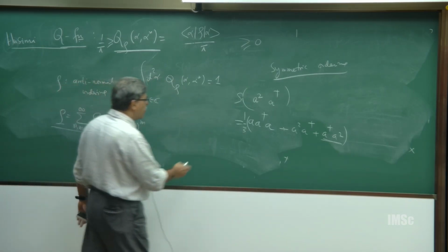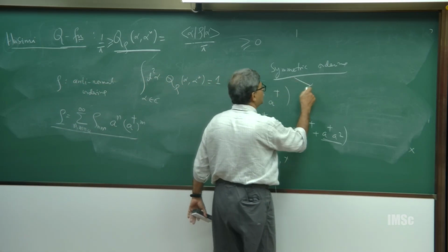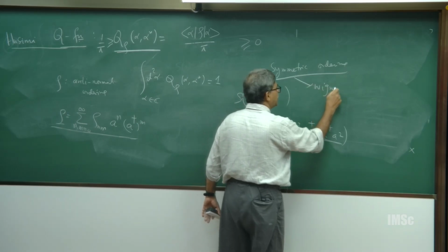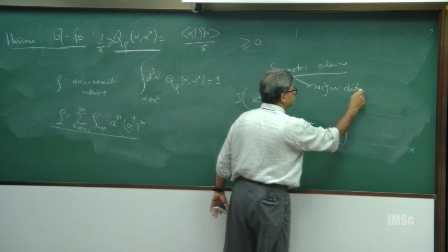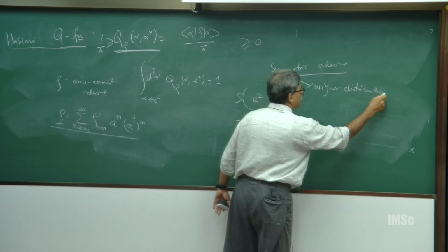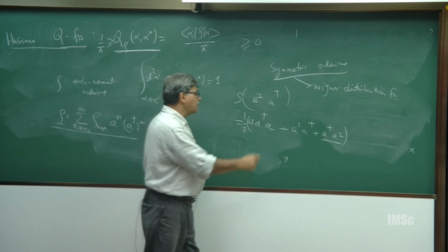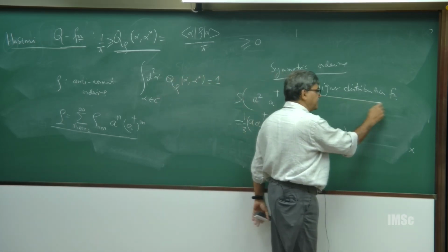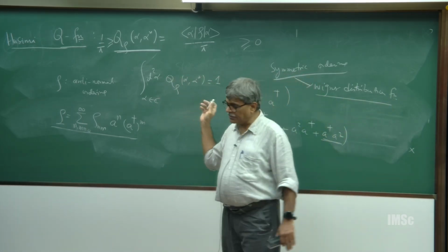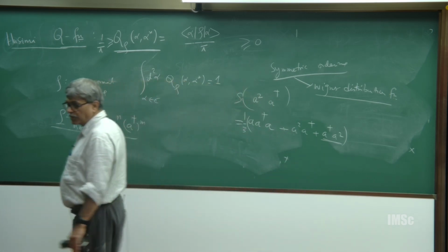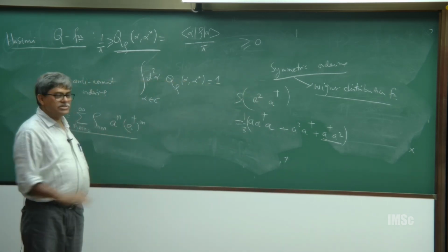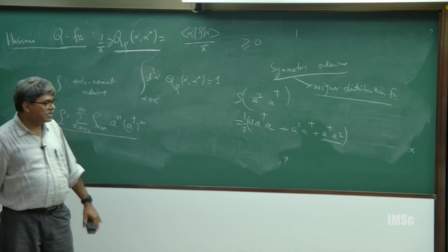Such a symmetric ordering gives rise to what is known as the Wigner distribution function. Historically, it is this Wigner distribution function which came first, and later the Q function, P function, all of them came. Wigner distribution function is a very well behaved function.